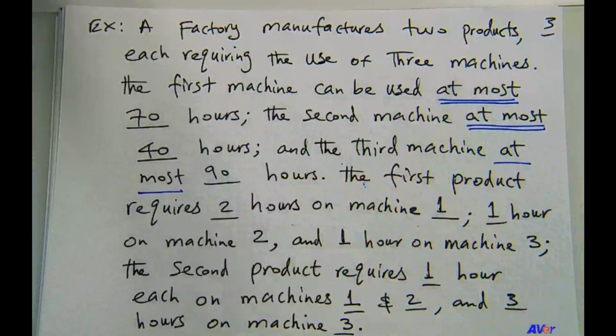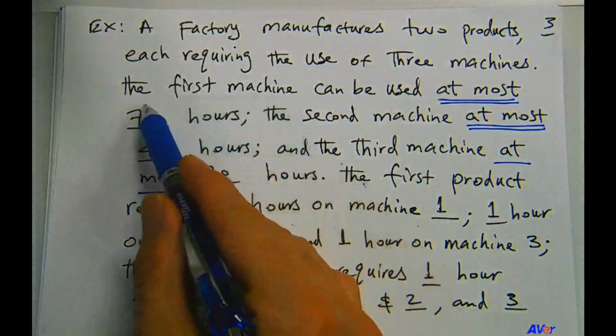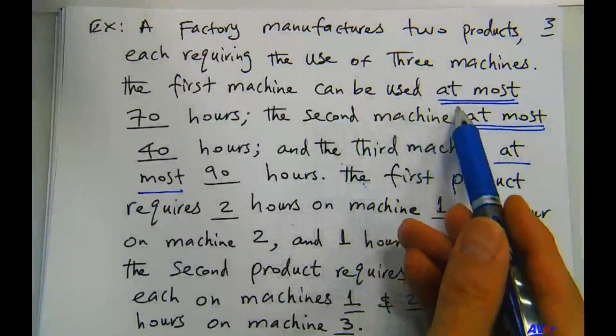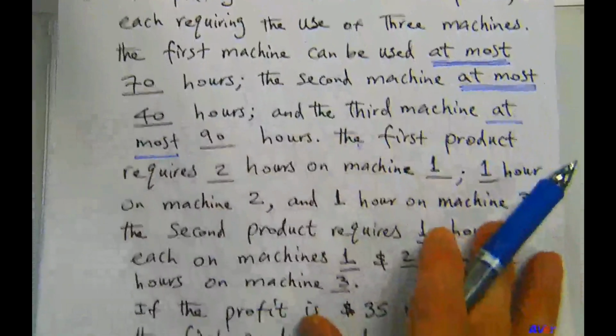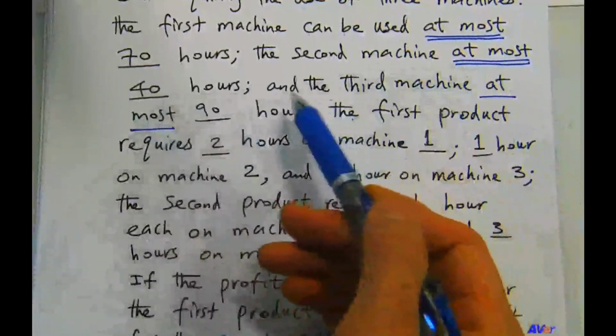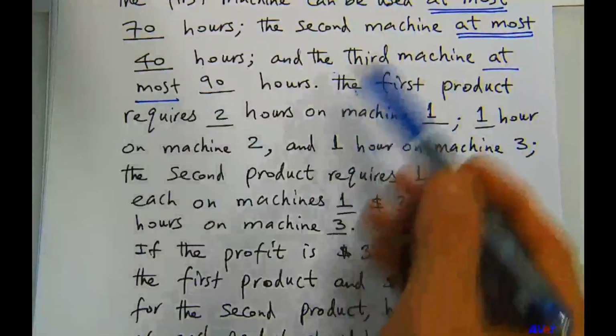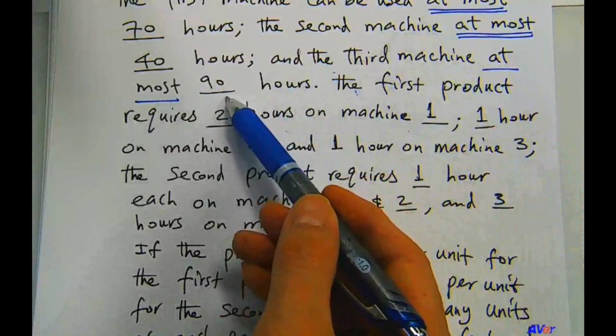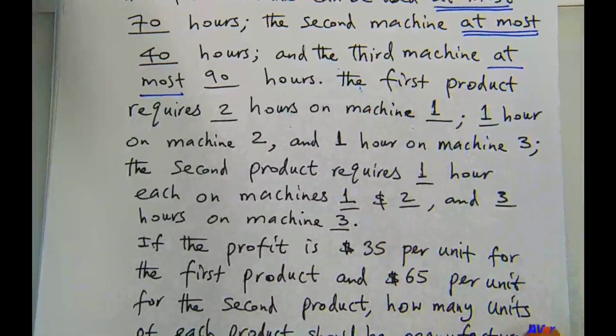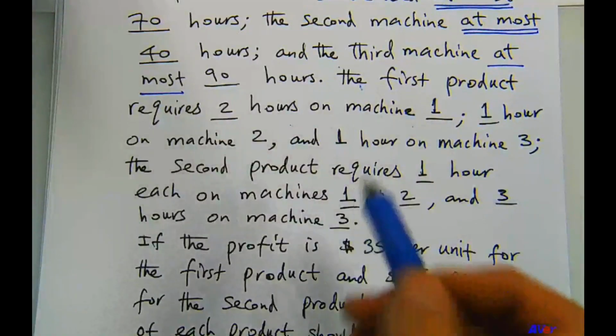That gives us plenty of things to think about. The first machine can be used at most 70 hours, so that's a constraint. The second machine at most 40 hours, that's another constraint. And the third machine at most 90 hours. So we have at least 3 constraints just by reading the problem.